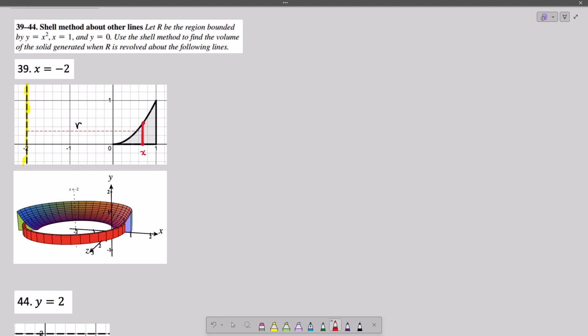And then our height is the height of that element. And we know that the area of our cylinder is 2 pi rh. Are we trying to turn the R and the H into X's or into Y's?